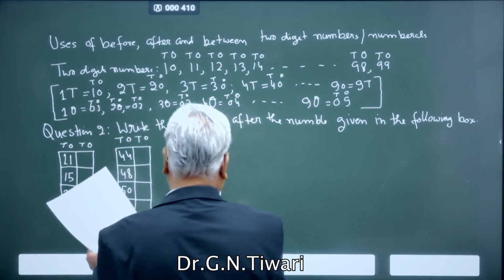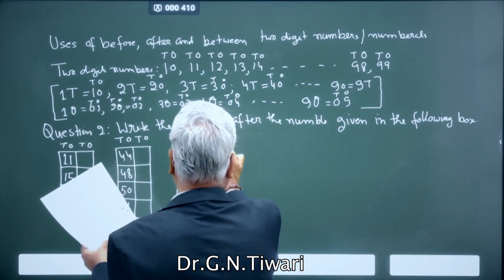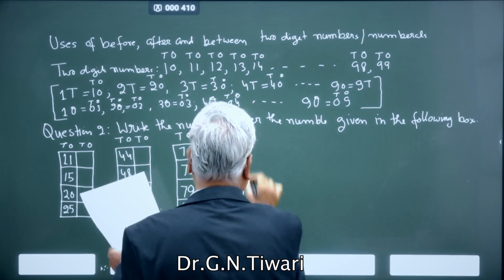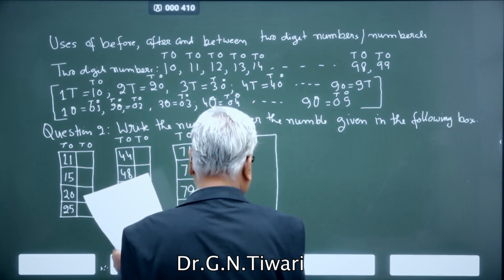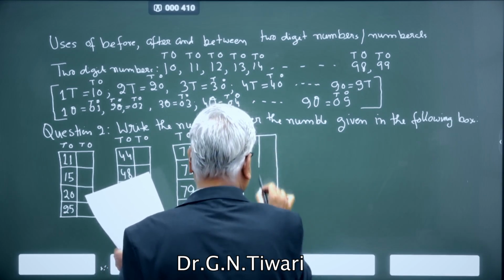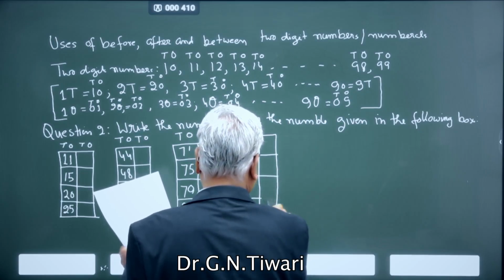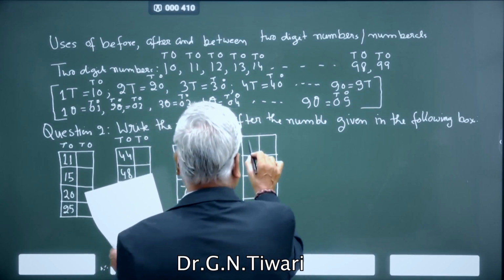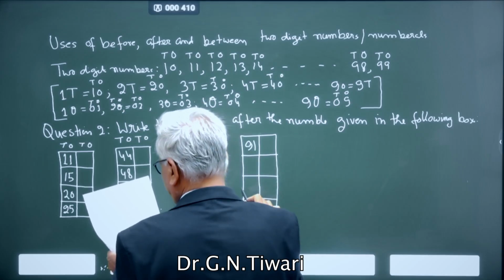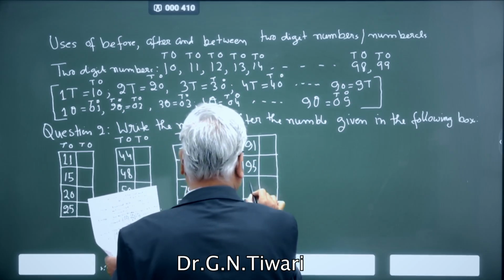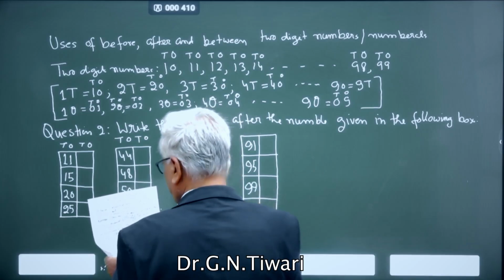Then another O T, then 91, 95, 99 and 70.